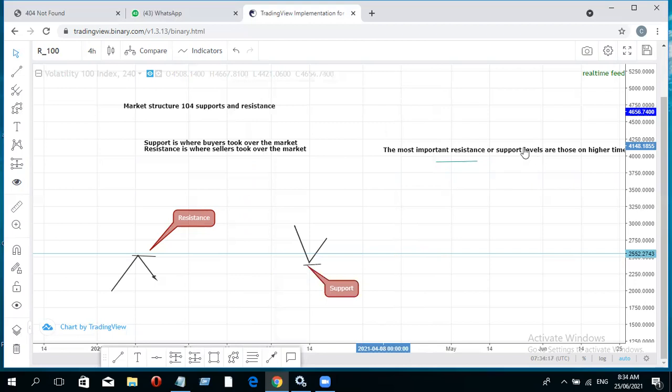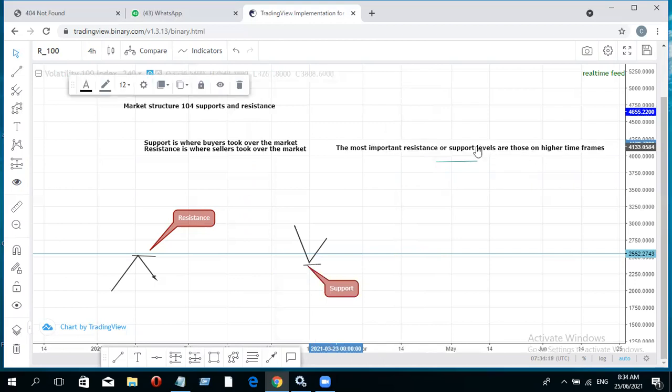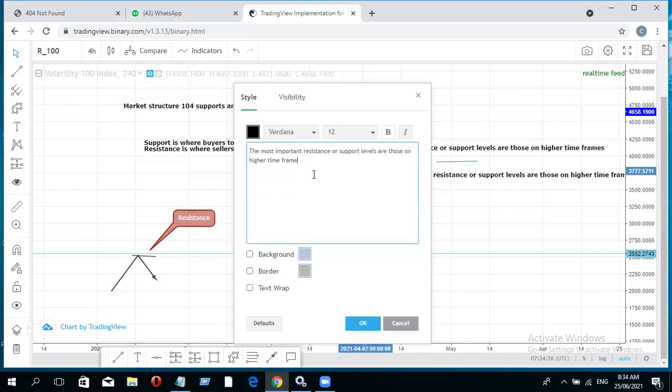You don't need to be looking out for support on the 15 minute or 1 minute, because those can easily break and stop you out.